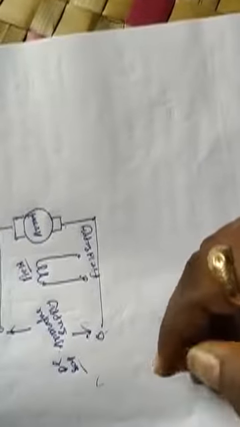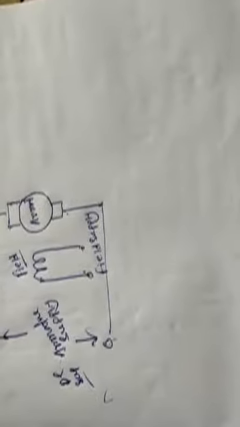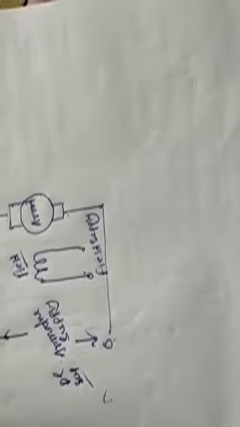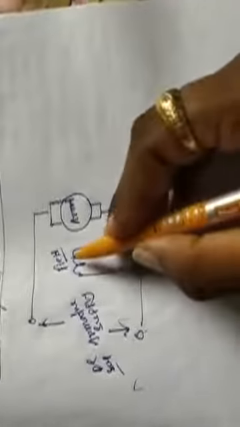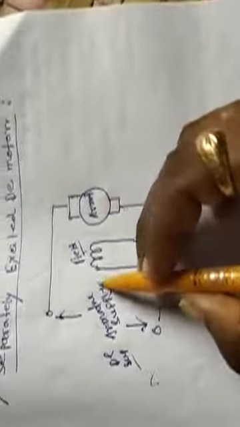As the name suggests, in the case of a separately excited DC motor, the supply is given separately to the field and the armature winding. The main feature of this type of DC motor is that the armature current does not flow through the field winding, as the field winding is energized from a separate external source of DC current. That means the field winding supply is one and the armature winding supply is another.